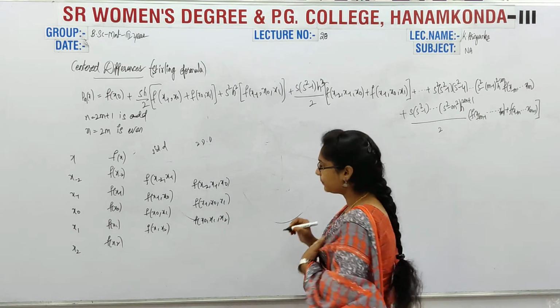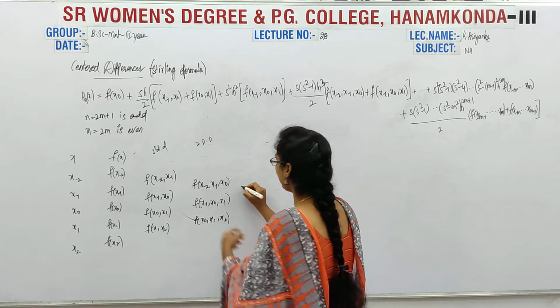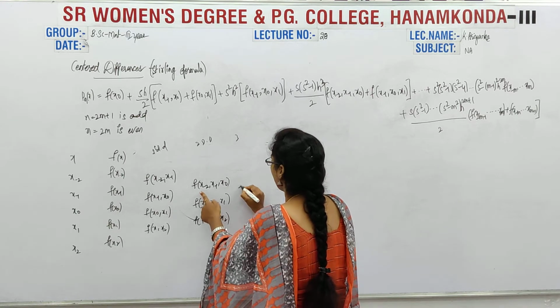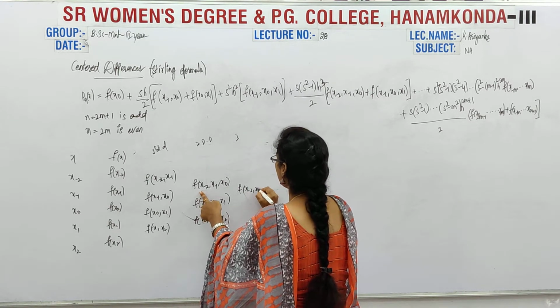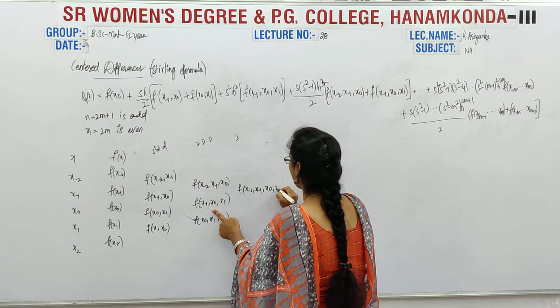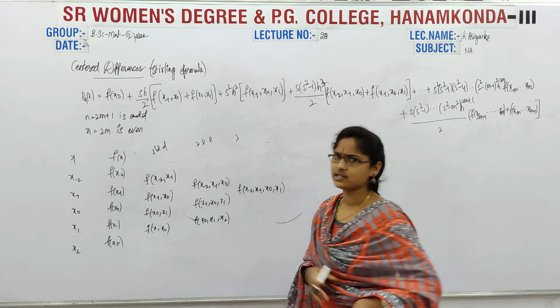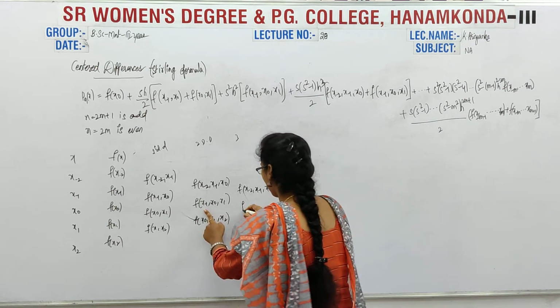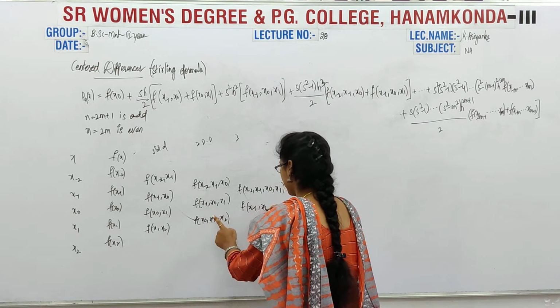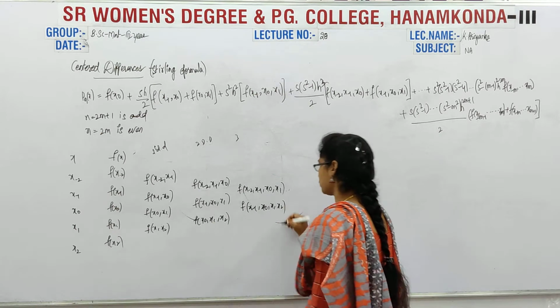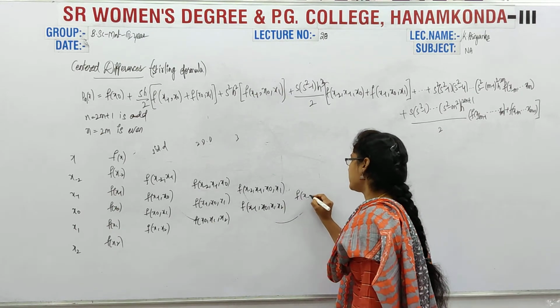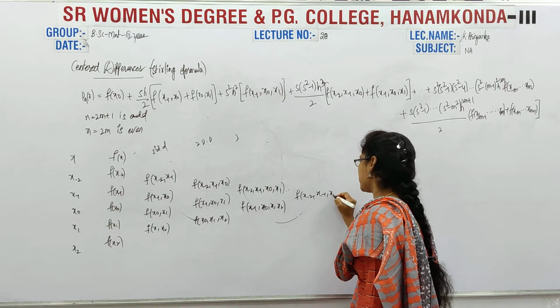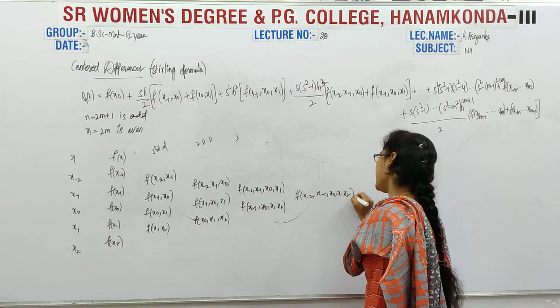Next is the third divided difference: f of x minus 2 x minus 1 x naught comma x1, and f of x minus 1 x naught x1 x2. Finally f of x minus 2 x minus 1 x naught x1 comma x2.